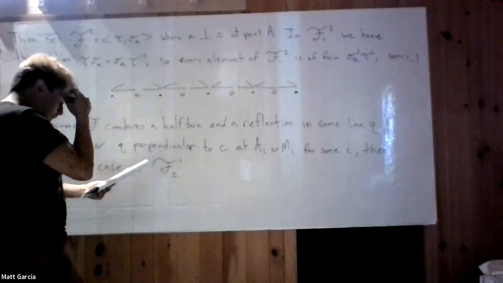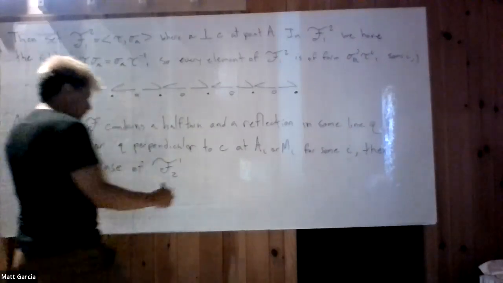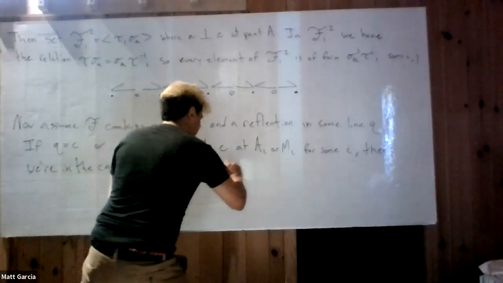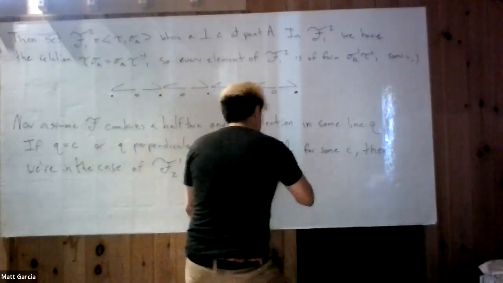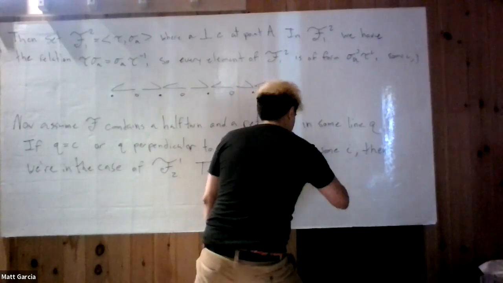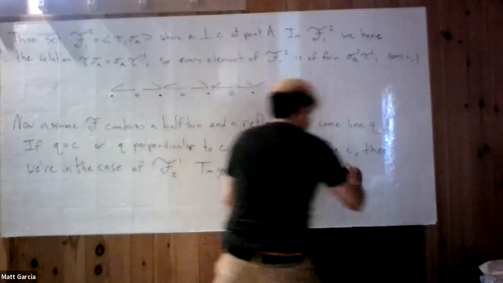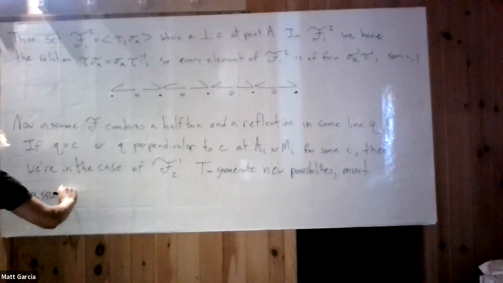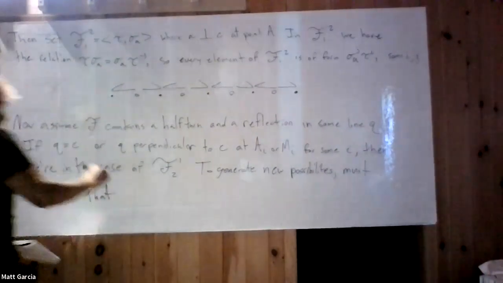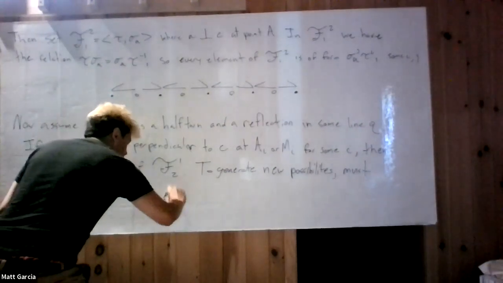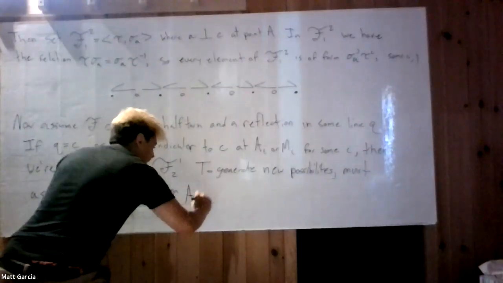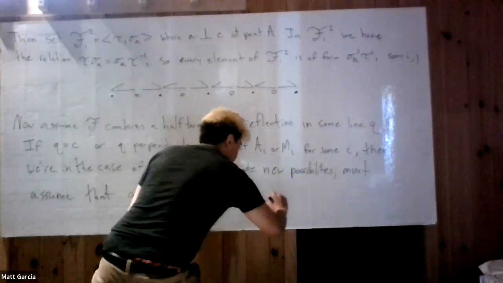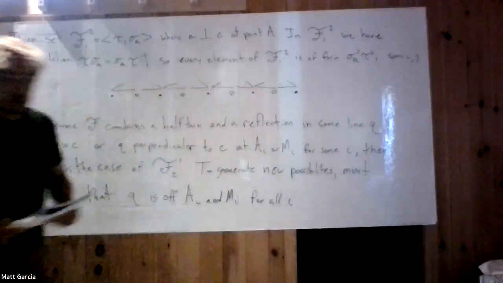So to do something new, I guess I should say to generate new possibilities, we must assume that Q is off A_i and M_i for all i.